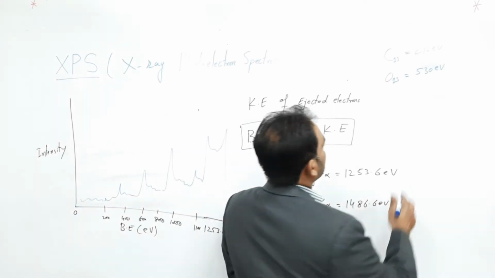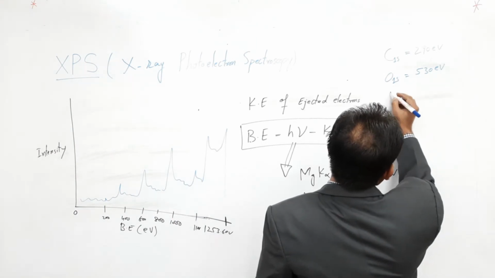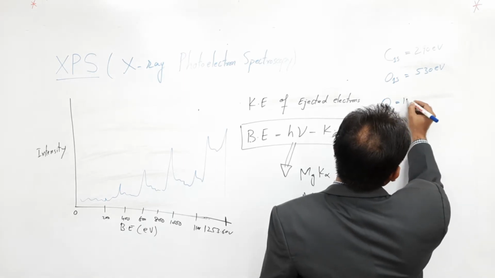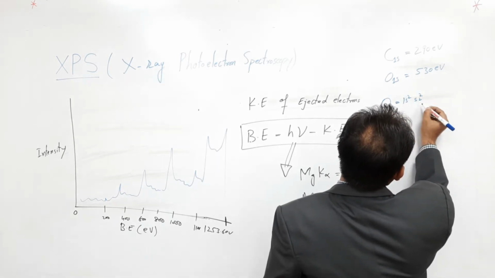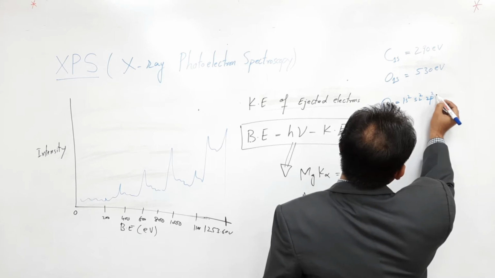Suppose for oxygen, we have to write the electronic configuration of oxygen. The electronic configuration of oxygen is 1s2, 2s2, 2p4.